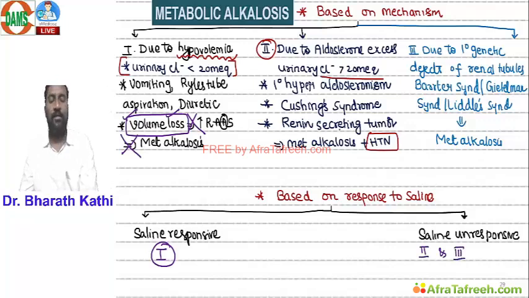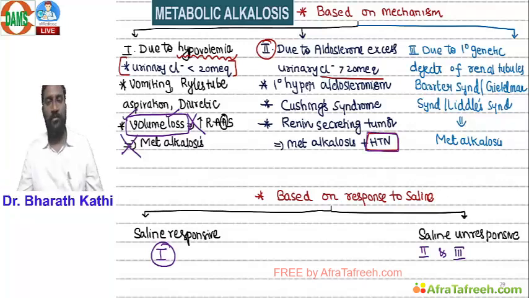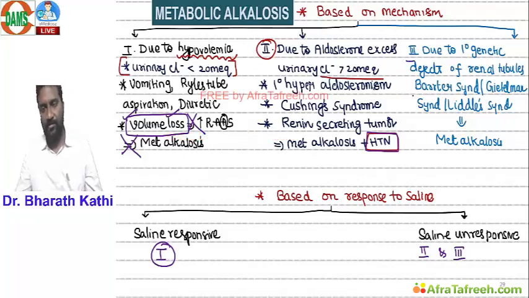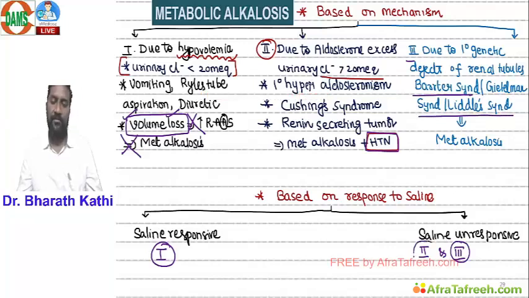What is the reason? Category 2 is already associated with volume overload. Now if you give excess saline, this patient can develop cardiac overload and heart failure. Whereas category 3, these are due to some primary renal genetic defects. Even if you give saline here, the genetic defects will not be altered. Metabolic alkalosis will persist. So in category 2, there is no point in giving saline because of hypertension.